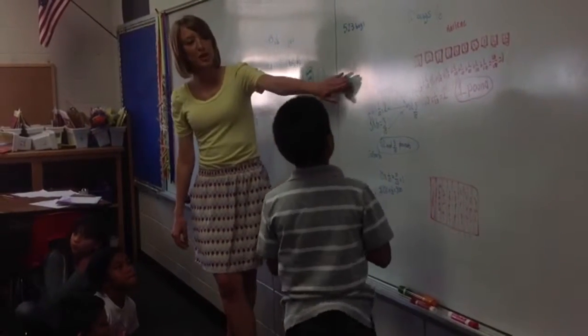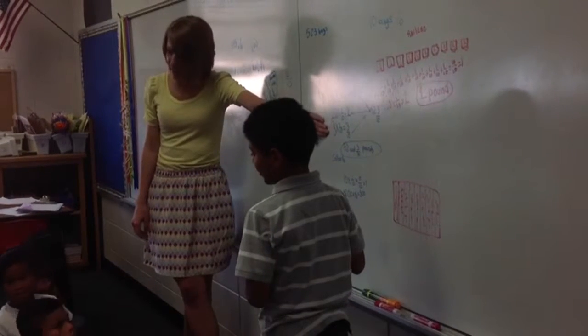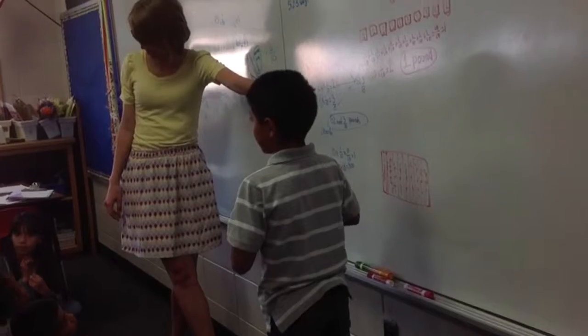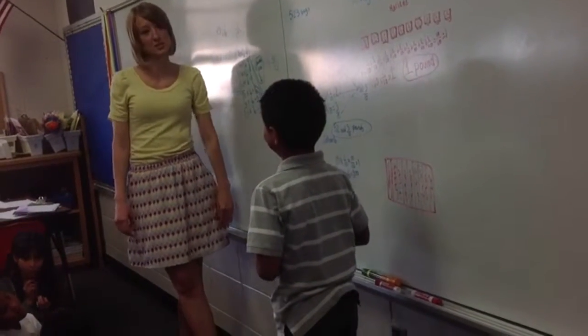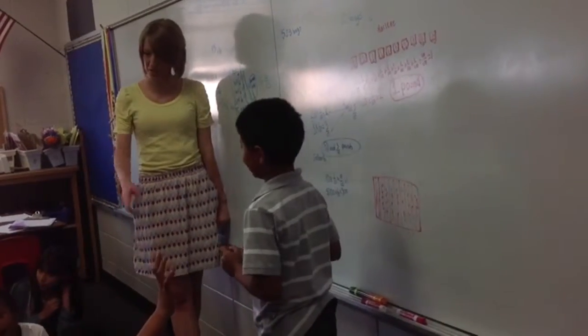Okay, here's one last challenge for you. Can you think about how we would write Gilbert's number sentences if I wanted to use a decimal? If I wanted to write a decimal, what would I do? Okay, Umberto, you want to start it?